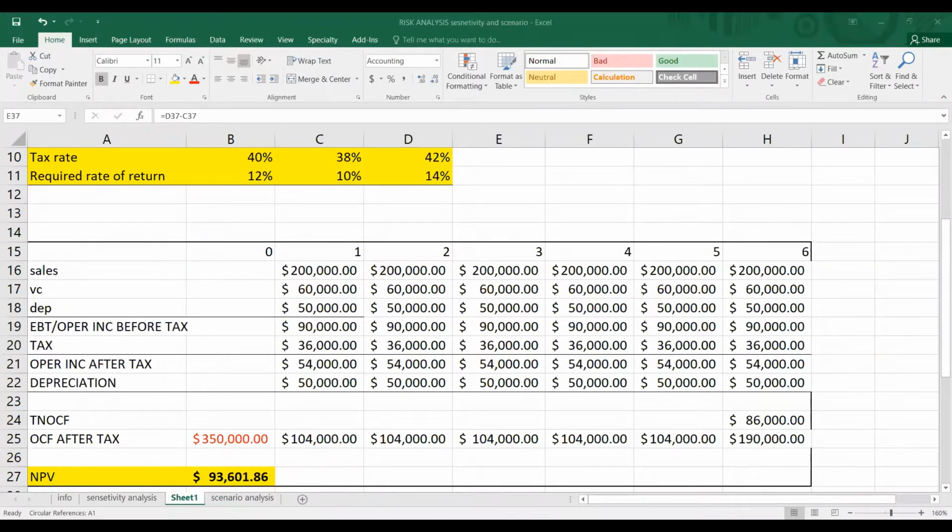Okay, next week, I'm planning to give you a quiz. The quiz will be on Wednesday, and it covers everything up to this point, including sensitivity and scenario analysis.